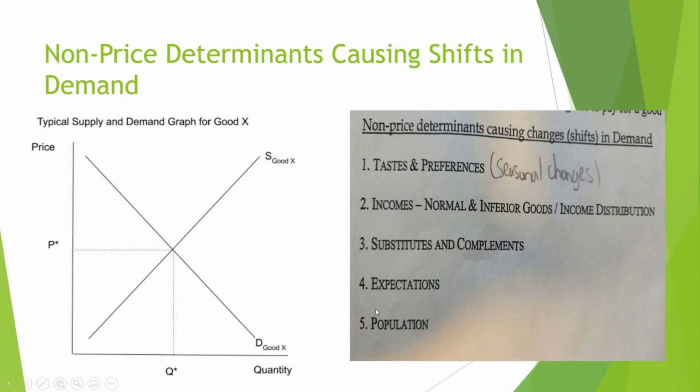And then the final non-price determinant is going to be population. Let's say this is the demand for butter in the U.S. And let's say the U.S. suddenly gets a huge surge of immigrants from another country, like a bunch of people immigrate to the U.S. That means the demand for butter is likely going to shift out, and it's going to increase. The reason for that is because there's more people now.